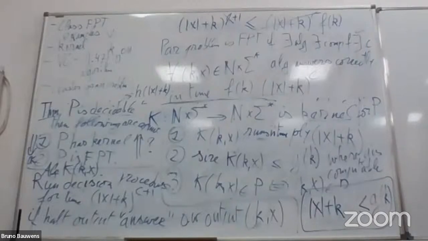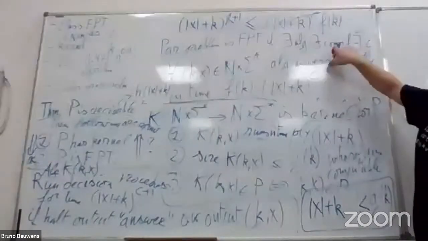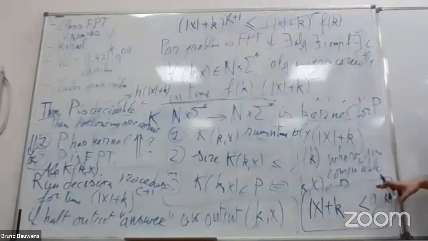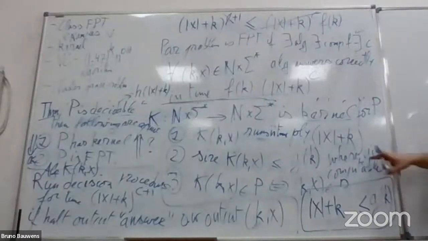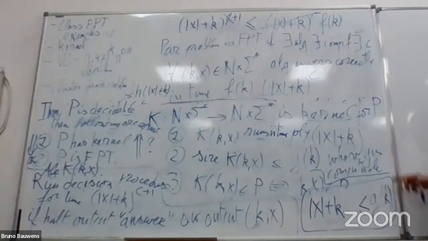But f of k can be exponential. In the definition, we have that f is computable, and we need that g is computable. Here in the definition, g needs to be computable. And so what we do is we set f equal to g and it works.